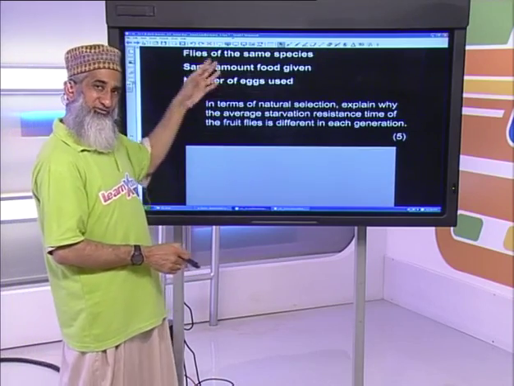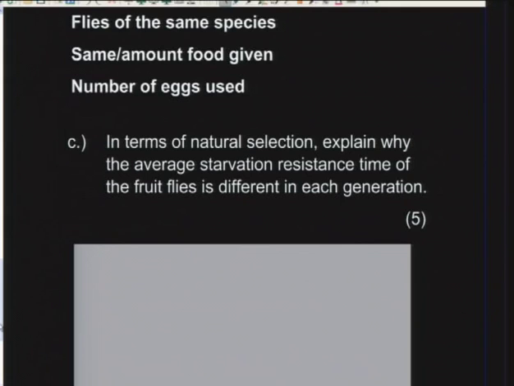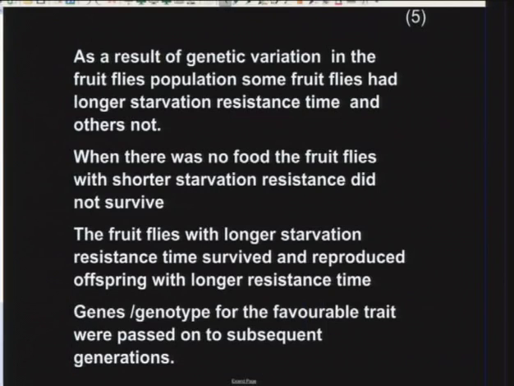Now, we've done this experiment. Now they want you to explain this in terms of natural selection. First of all, as we said, there is variety in the fruit fly population.